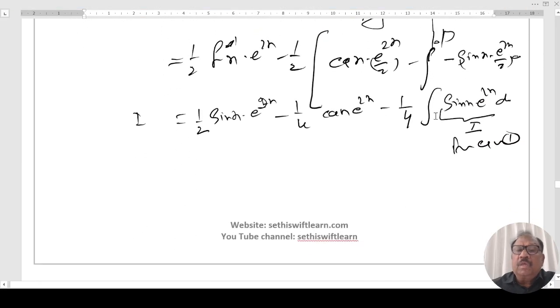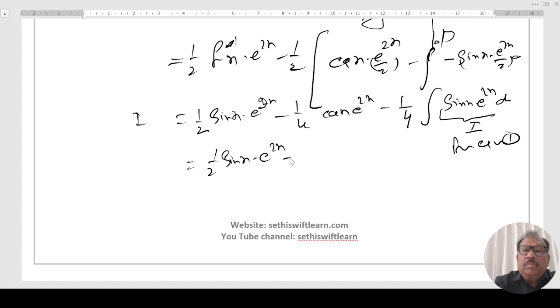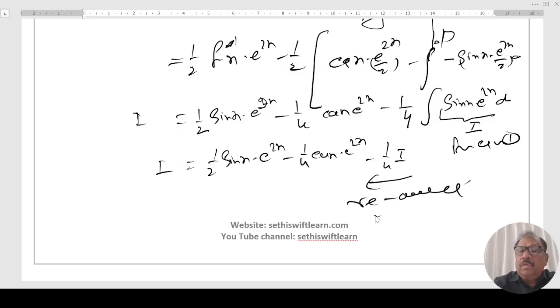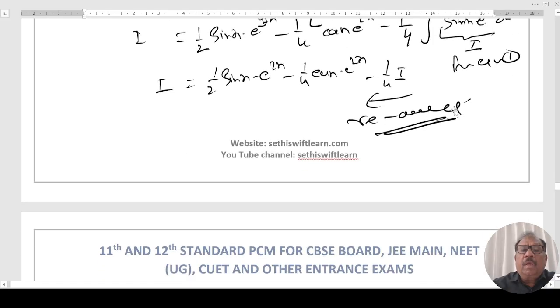तो उसको replace कर दिया I से. So this comes out to be 1 by 2 sin x into e to the power 2x minus 1 by 4 cos of x into e to the power 2x minus 1 by 4 I. This is I. Rearranging. Rearranging में क्या आएगा?